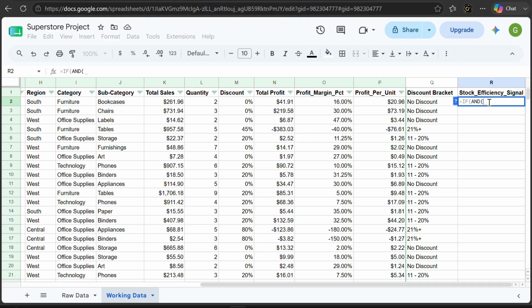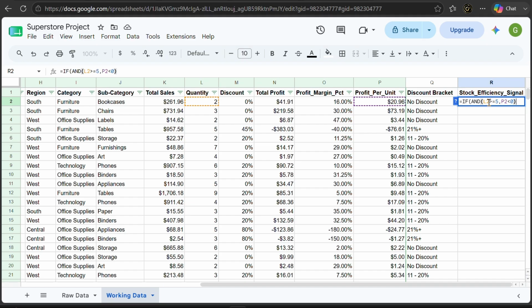Quantity is column L. So if L2 is greater than or equal to 5, and P2 is less than 0, right?